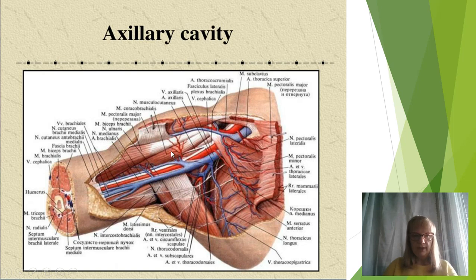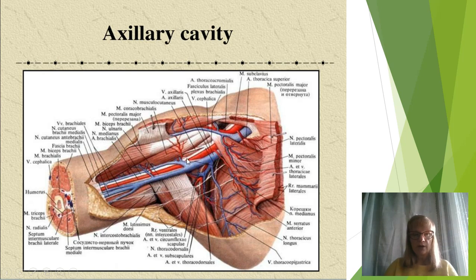So here we have the contents of the axillary cavity and the most visible neurovascular bundle. Closer to us, in the medial position, we have the axillary vein with its branches. Next one, we have the axillary artery with its branches.